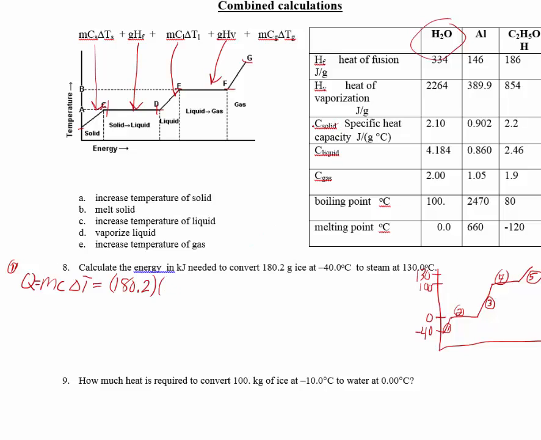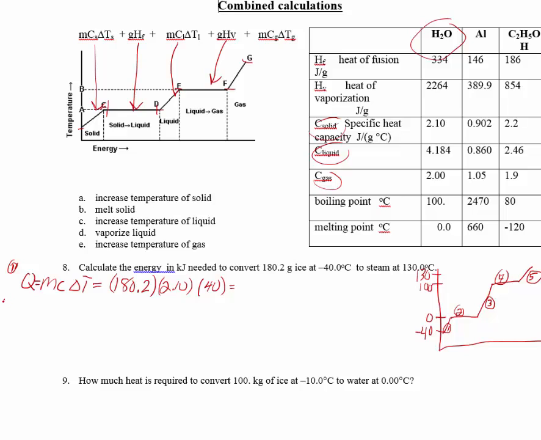I have different C's depending on what state it is in. So I would use a specific heat for a solid, so 2.10. And then how much did the temperature change, looking just at that part of the graph? It changed 40 degrees. Okay, I'm not picking up my calculator yet. Let's get all the math on paper and then we can pick up the calculator.